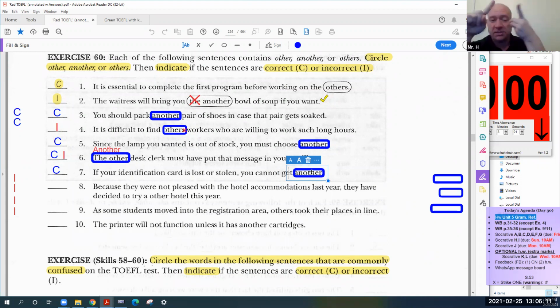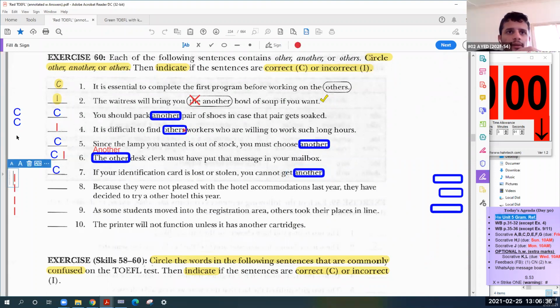Another means that it's singular. Is it specific? No, so it's general. Is it a pronoun or an adjective? Pronoun. Good. It is correct. Well done.